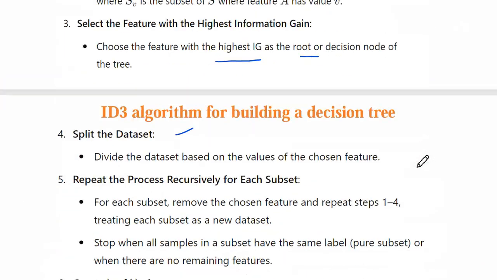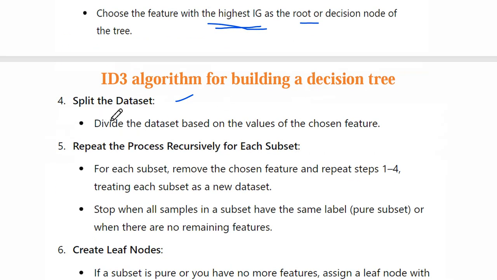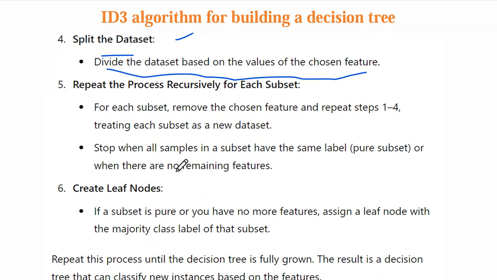Clear? So after choosing the highest gain node, the data set is split. Divide the data set based on the values of the chosen feature. Now, for each and every subset, again we have to find the best feature.